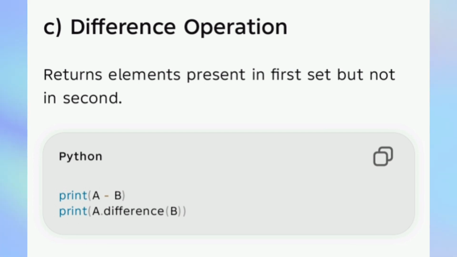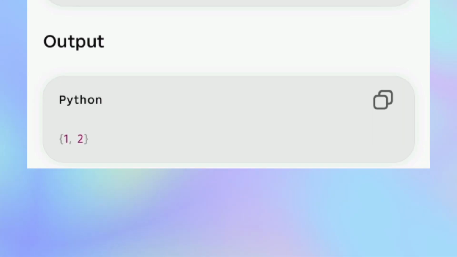Let's see the output, with the existing set values of A and B. Yes, 1 and 2 are the set difference from the B set.